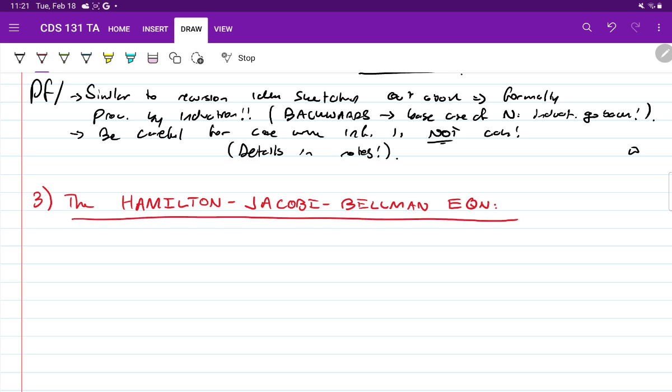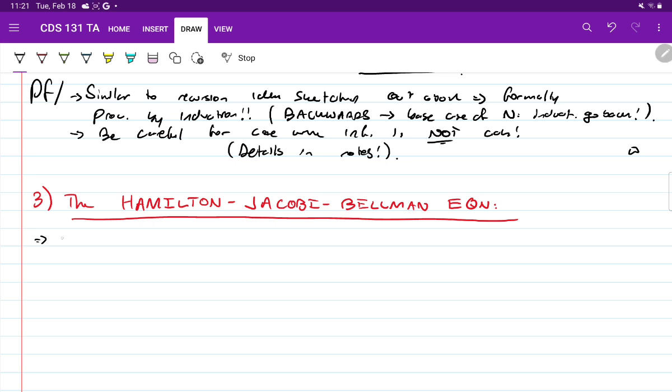So let's quickly discuss what worked well about this discrete time case. We were able to take this dynamic optimization problem and split it up into a sequence of static optimization problems, in each of which we were only solving for a single variable. This was really nice.